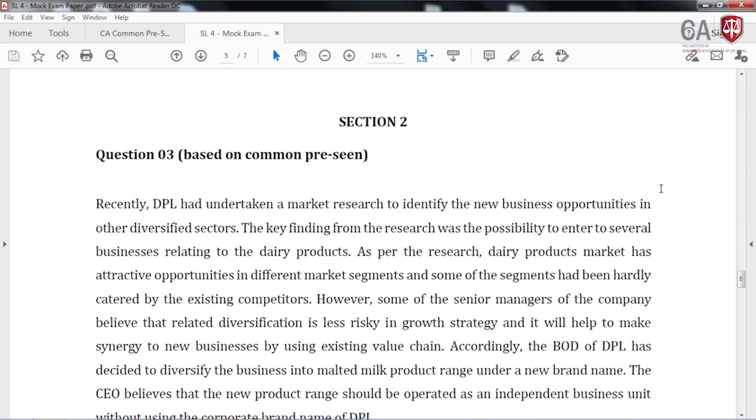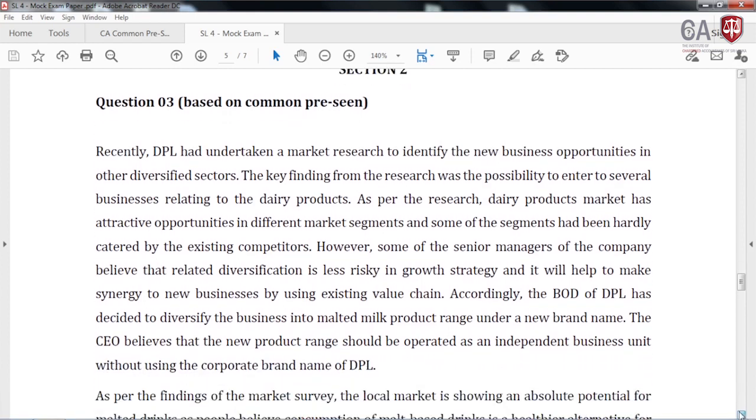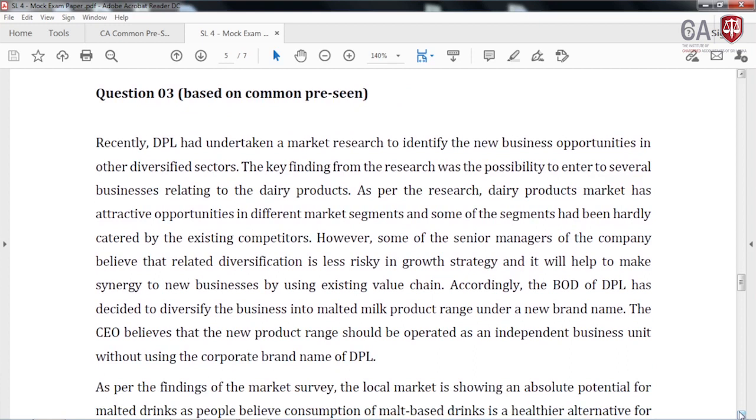Question 3, based on the common pre-seen, recently DPL had undertaken a market research to identify new business opportunities in other diversified sectors.